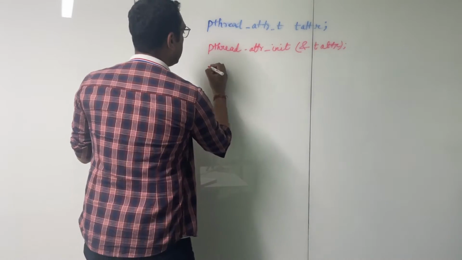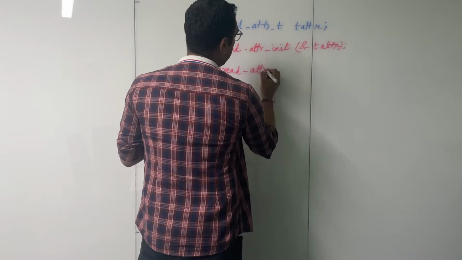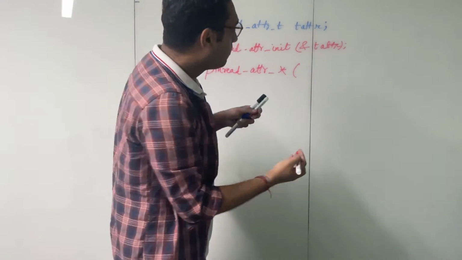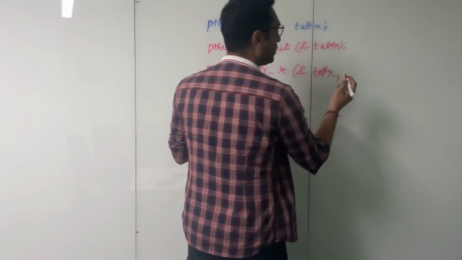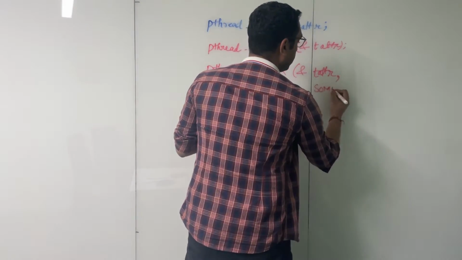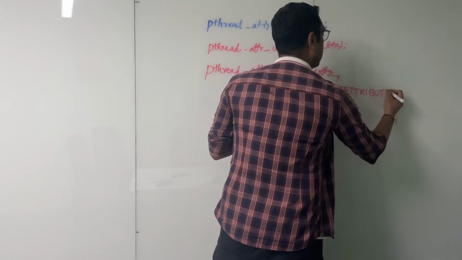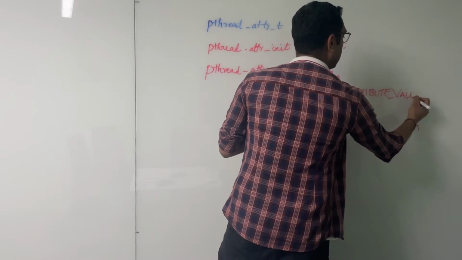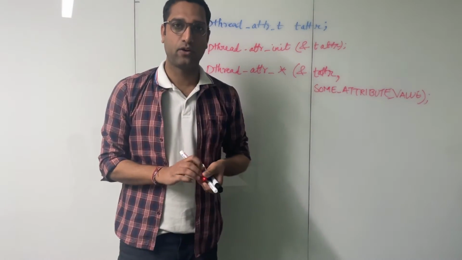Then you would call pthread_attr_ setting some attributes. You will provide which object you are going to change, it's the same object, and some attribute value. That is how it will go from here on.